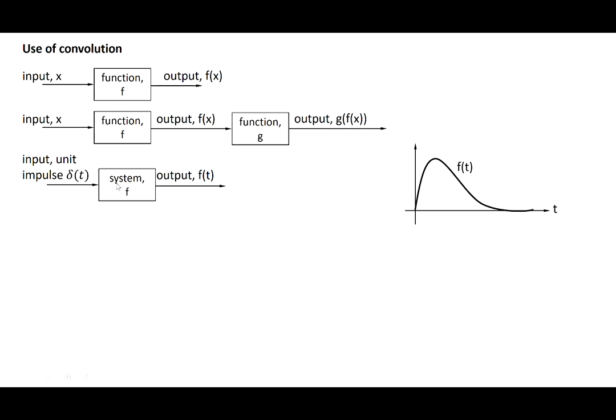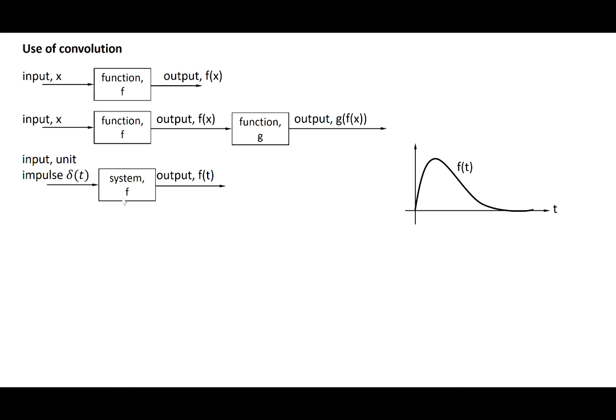And because this system produces an output of f of t upon a unit impulse as an input, let me repeat that. Because this system's output is f of t when a unit impulse delta of t is given to it, we will call this system f. All right?